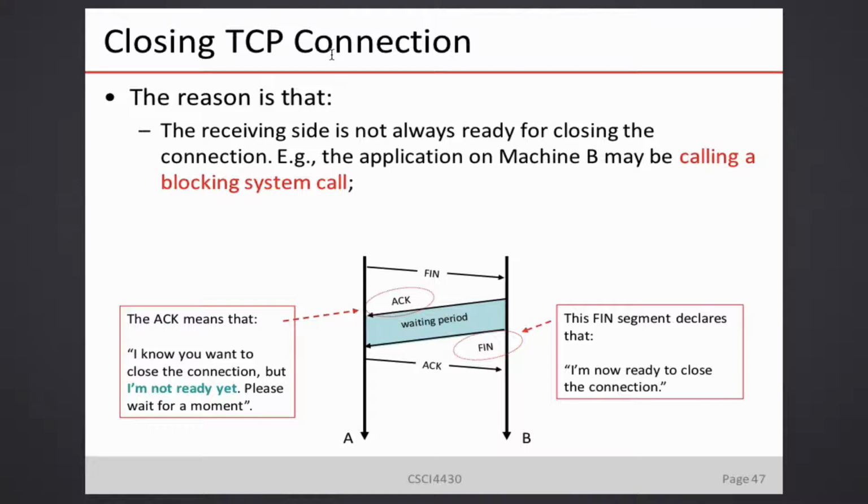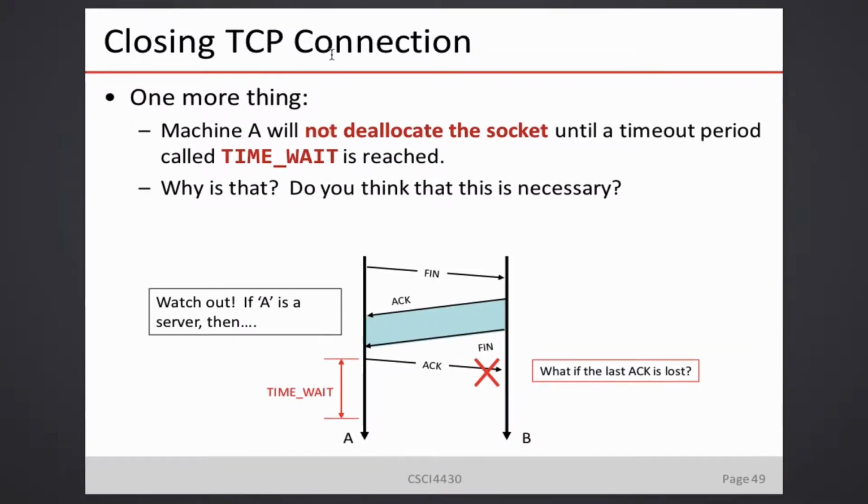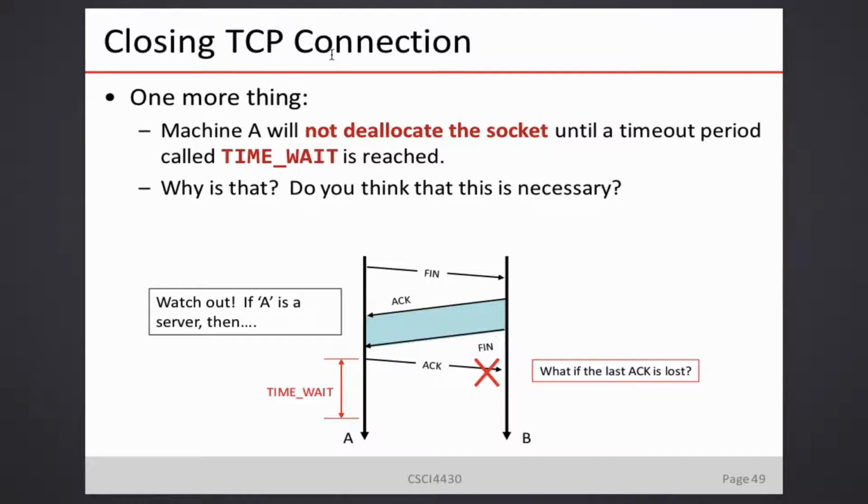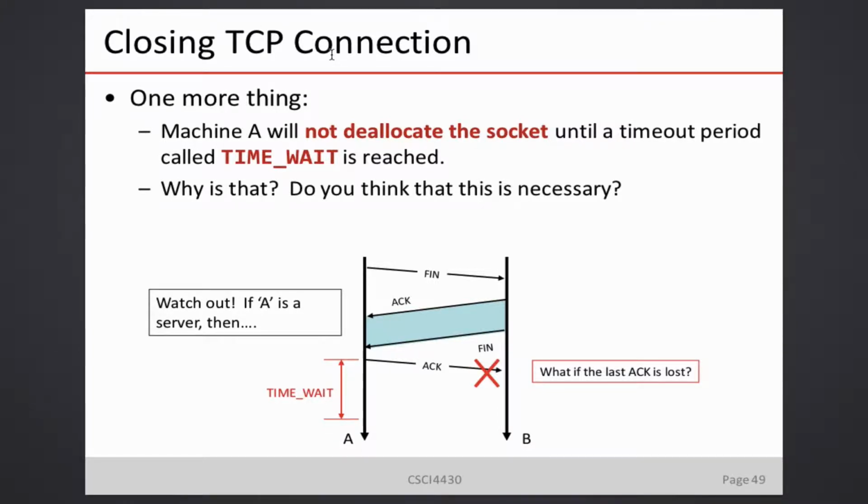Whenever you Control-C the server, you will be the active side who starts the termination of the TCP flow. You are the active side to turn off the TCP flow. You will be the one who waits.